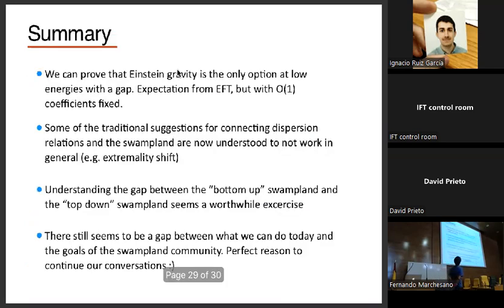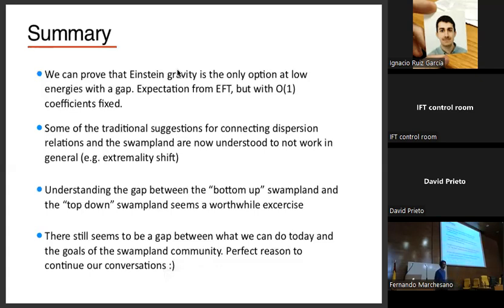Okay, so this is the summary of my talk. What I showed you by showing that all these Wilson coefficients are bounded is that if you have a large gap, then at low energies the theory cannot differ from quantum gravity as you expect from a field theory.